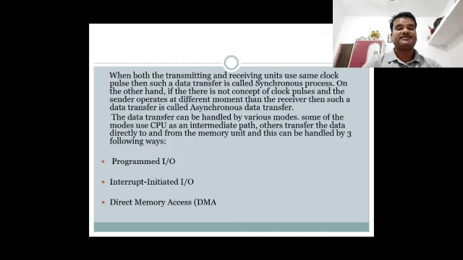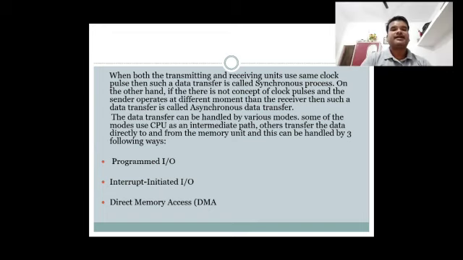When both the transmitting and receiving units use the same clock pulse, such a data transfer is called synchronous. On the other hand, if there is no concept of clock pulses and the sender operates at different moments than the receiver, such a data transfer is called asynchronous data transfer.